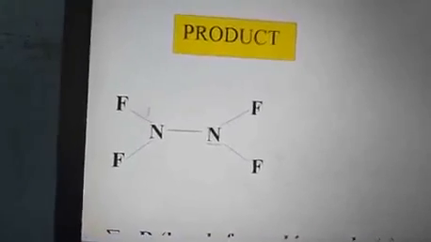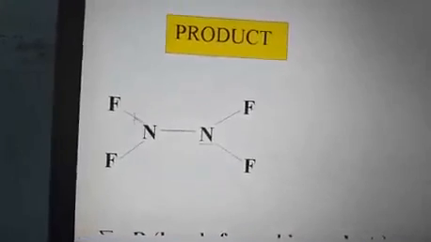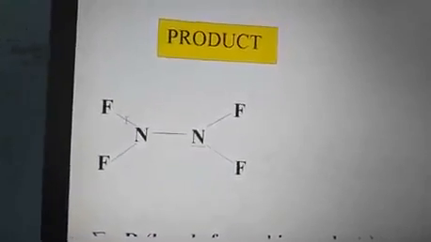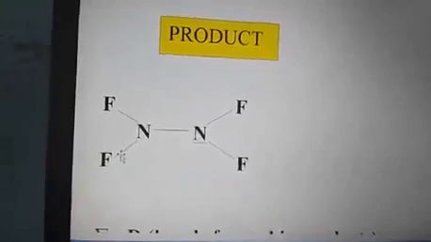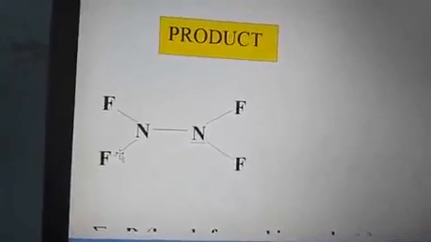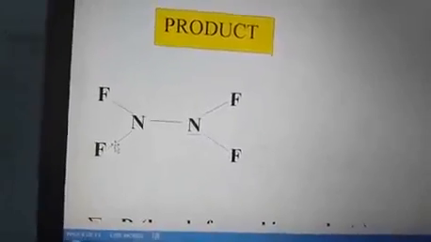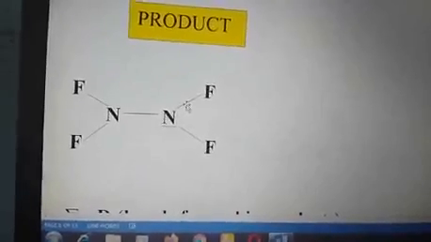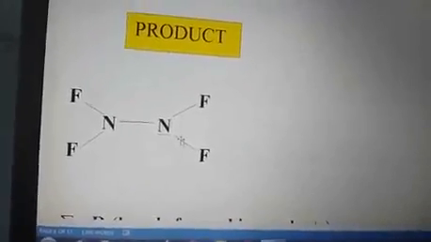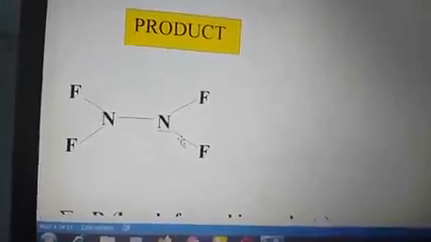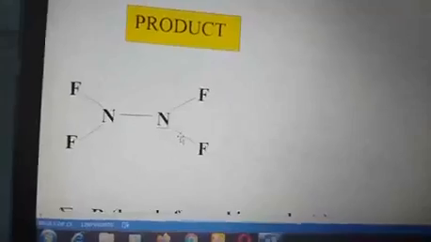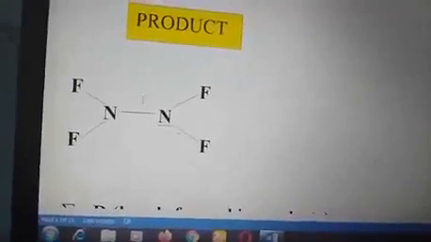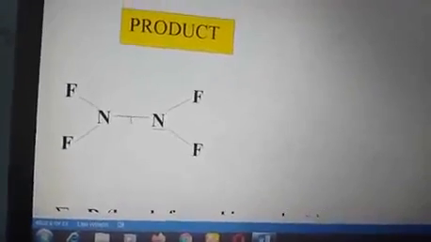Then on the right hand side we have the NF bonds, and on the left hand side there are two nitrogen fluorine single bonds. On the right hand side we have another 2 NF bonds. So there are 4 nitrogen to fluorine bonds in tetrafluorohydrazine and only one nitrogen to nitrogen single bond in the compound.